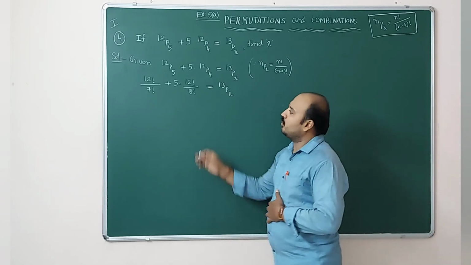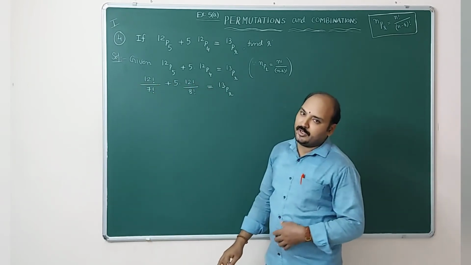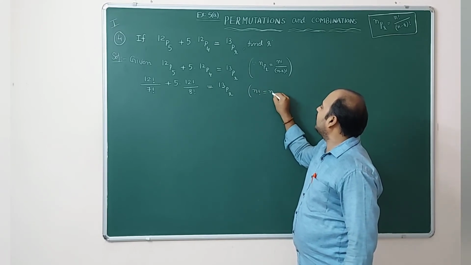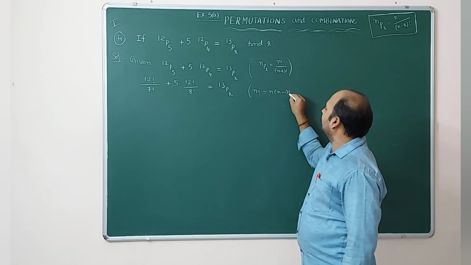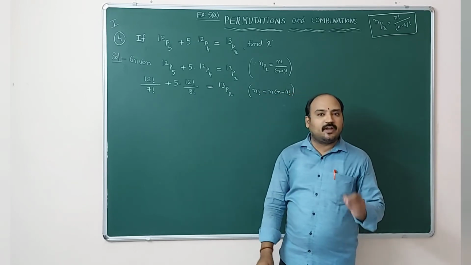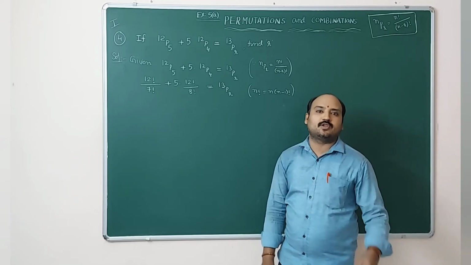I want to take common only 12 factorial. One other formula we have, n factorial can be written as n into (n-1) factorial. So by using this result, 8 factorial can be written as 8 into (8-1) factorial.